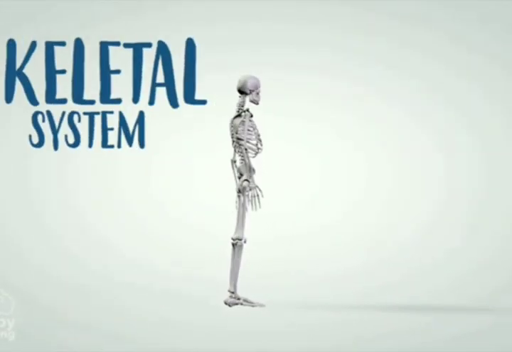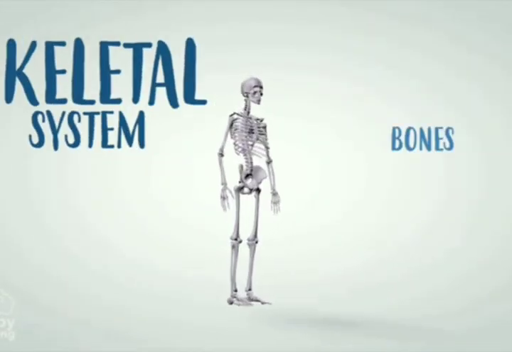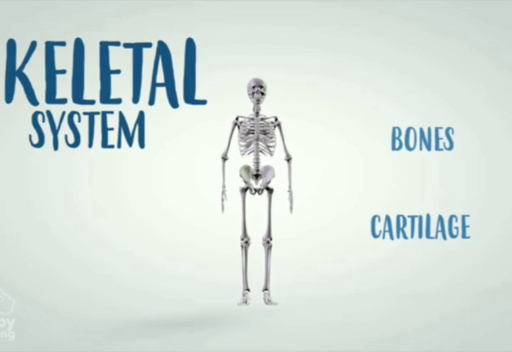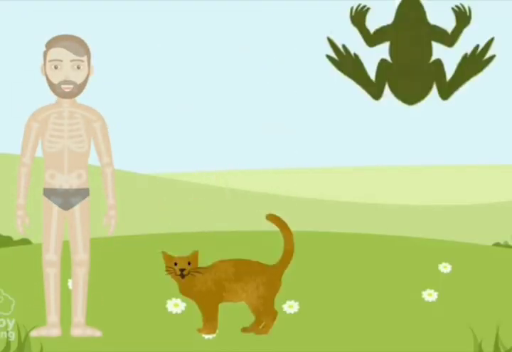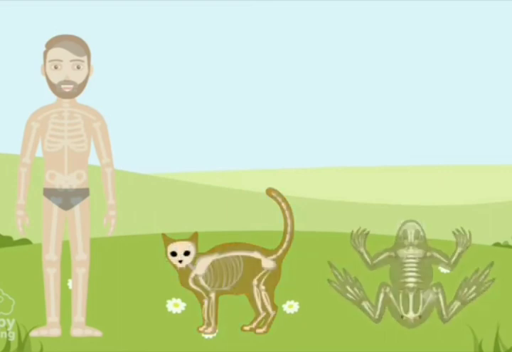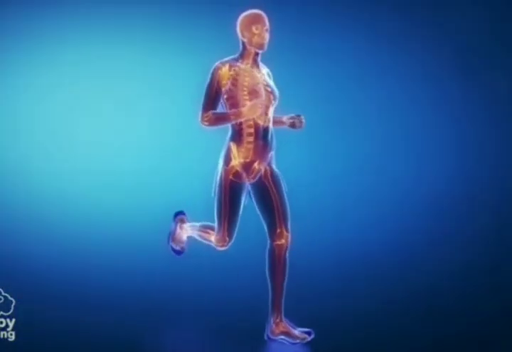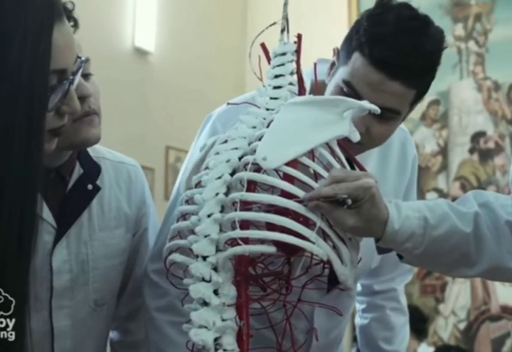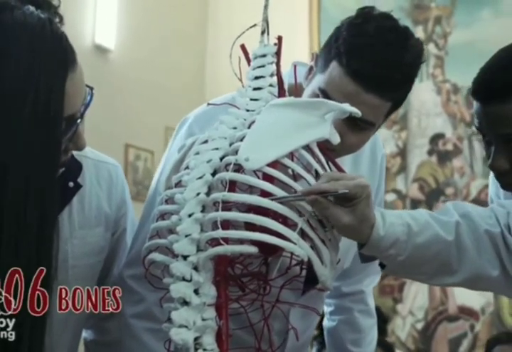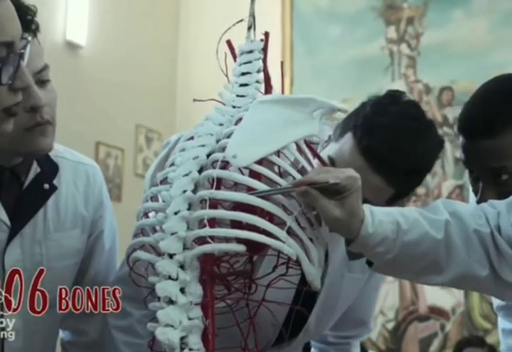The skeletal system is made up of all bones and cartilage. The skeleton gives us our shape that differentiates us from other living things and allows us to walk, run, or jump. Our body has 206 bones, and each one of them has its own name.